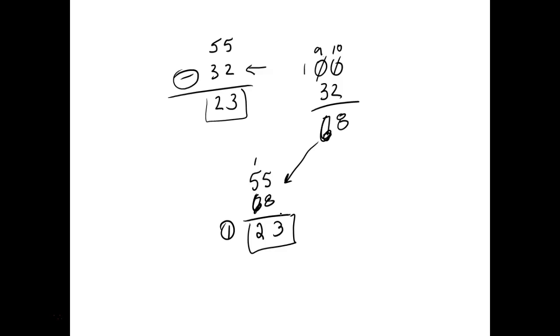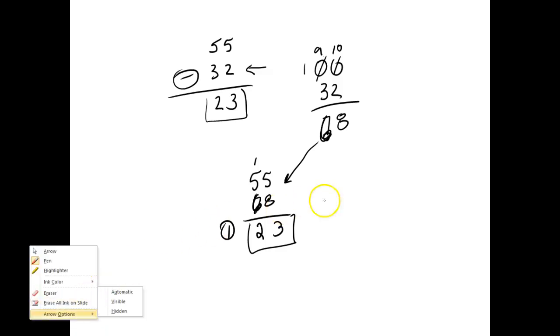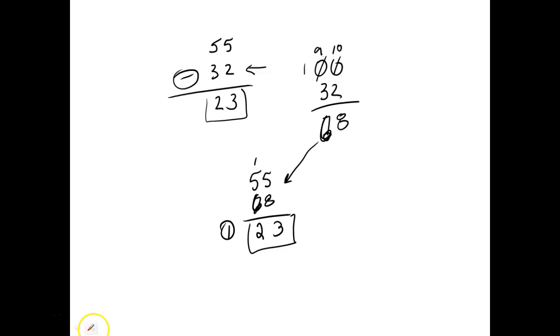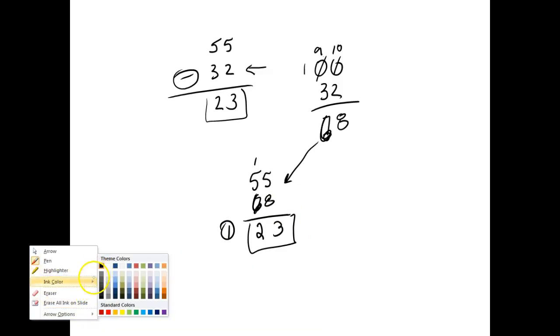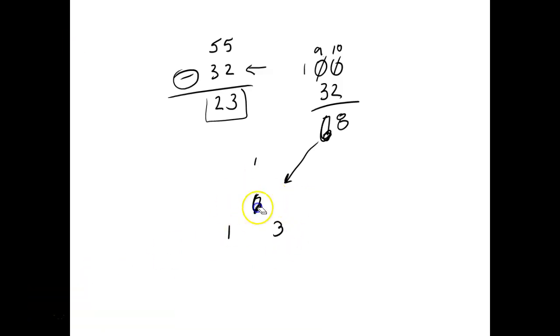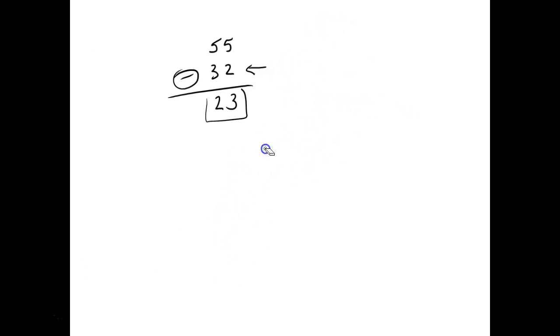So technically, the computer can't really subtract. All the computer can do is add. But it adds using what we call 2's complement. 2's complement would mean, so let's convert 55 into binary. How would we do that? Let's use a calculator.